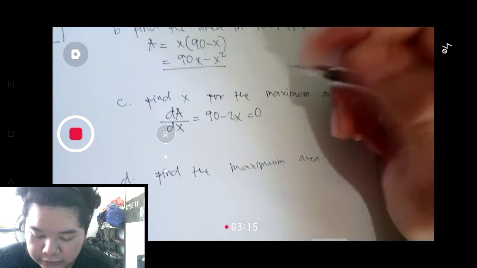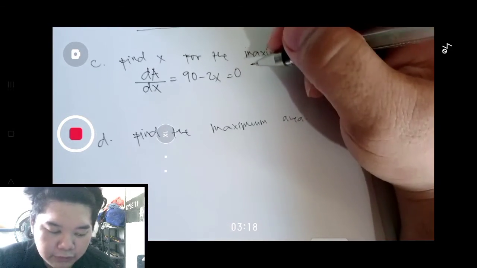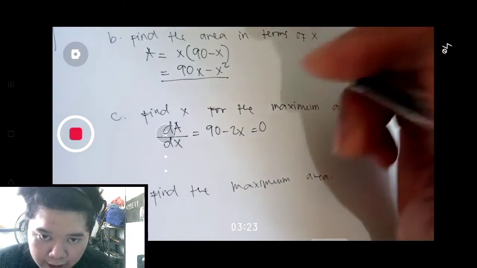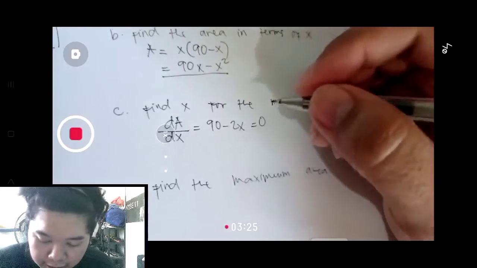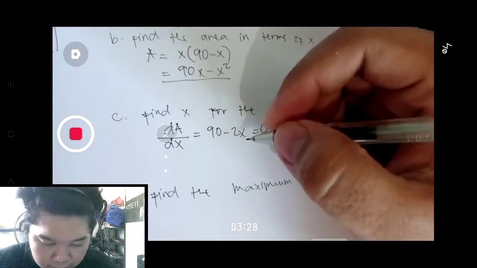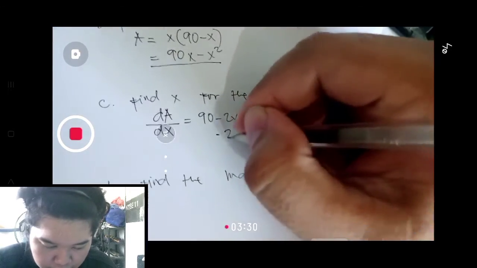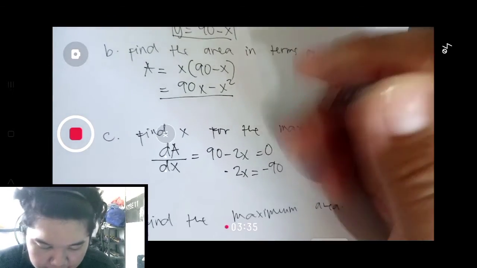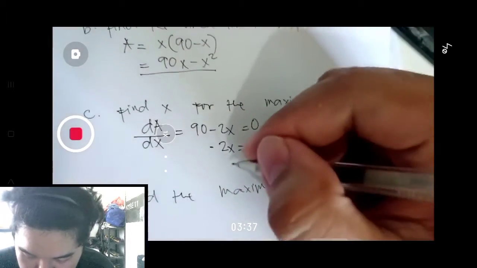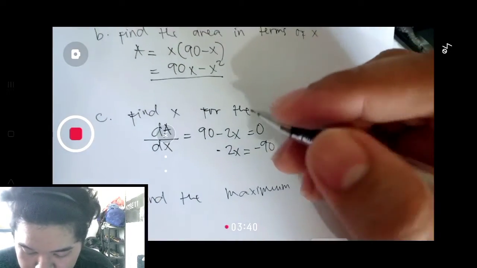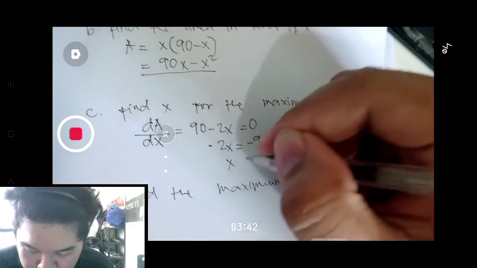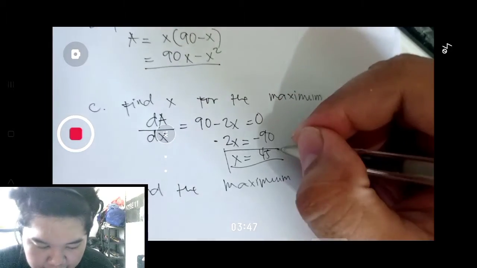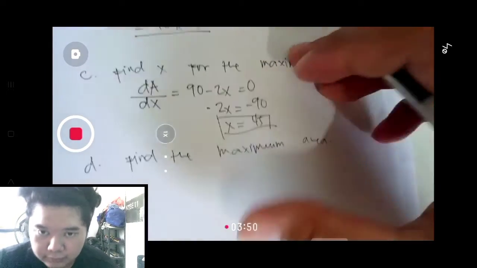So alam na natin na equal to 0 siya. So we need to find the stationary point for the area. So hahanapin natin yung value ng x sa equation na to. So what we should do is 2x, then move the 90 to the right side. So magiging negative 90. Tapos divide natin siya ng 2 para x yung maiwan. Equals to 45. So ito na yung stationary point for the area.